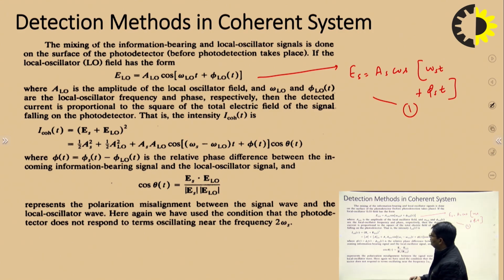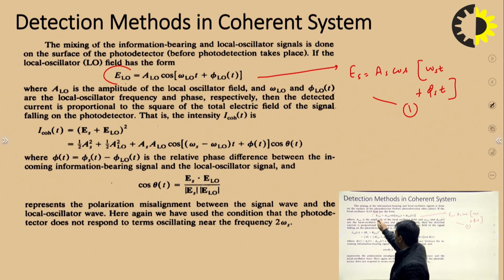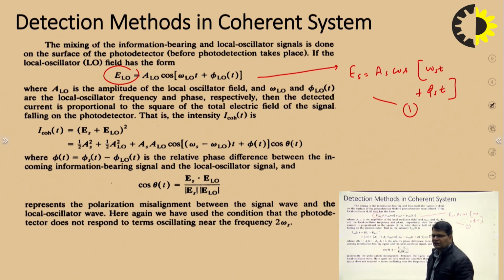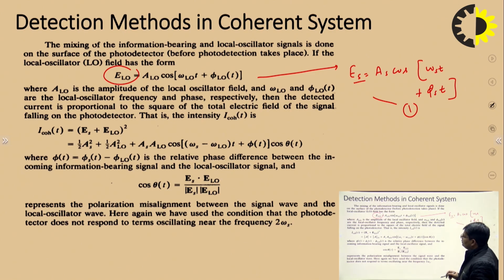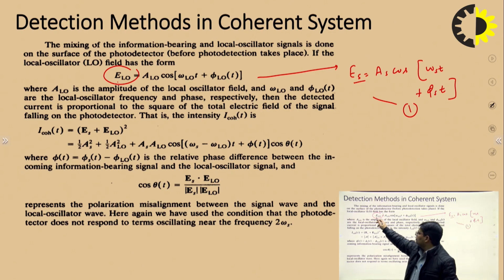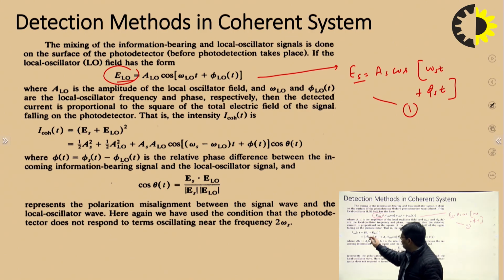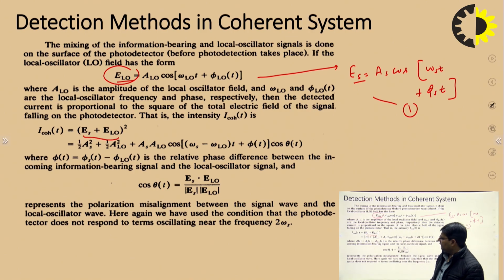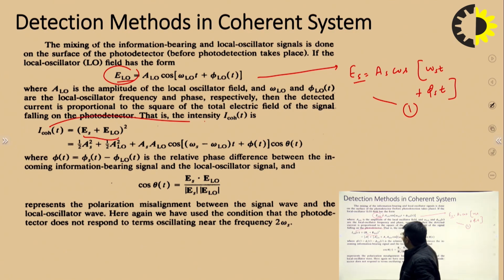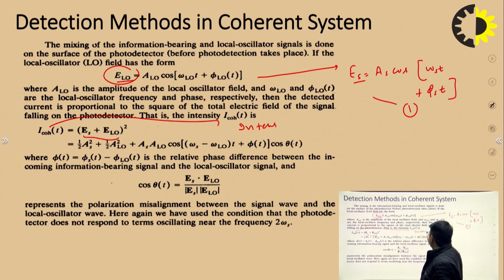This is the signal generated by the local oscillator signal, and as in the coherent detection, the source signal and the local oscillator signals are mixed together and incident over the photodiode. So these two signals are mixed together, and this is the intensity corresponding to the coherent detection signal.